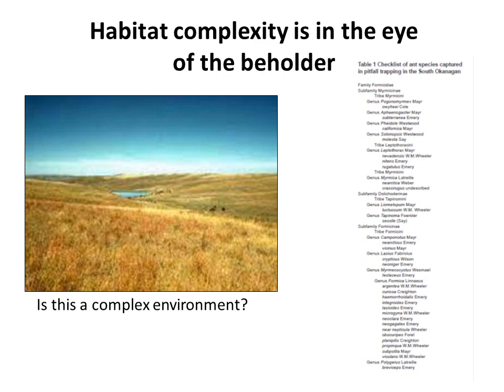So to an ant, this is what habitat complexity looks like, and that's reflected in the high species diversity of ants. So this is the number of ant species captured in pitfall trappings in the South Okanagan. So again, complexity depends on the species in question or the group of species that you're talking about. So this habitat may not support as high a diversity of birds, but it can support a very high diversity of insects.